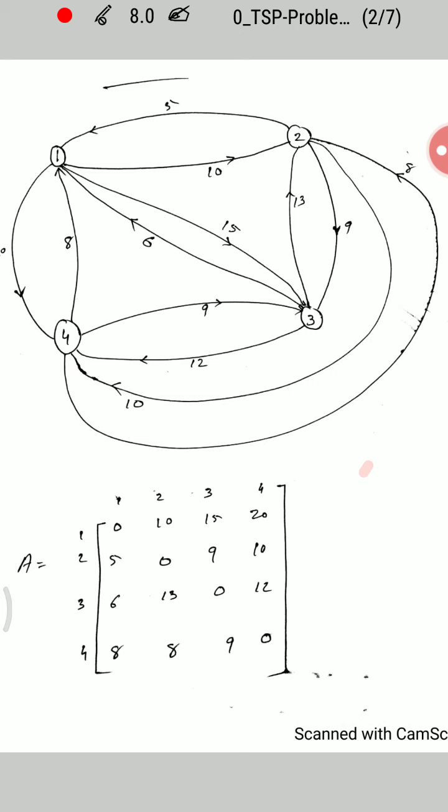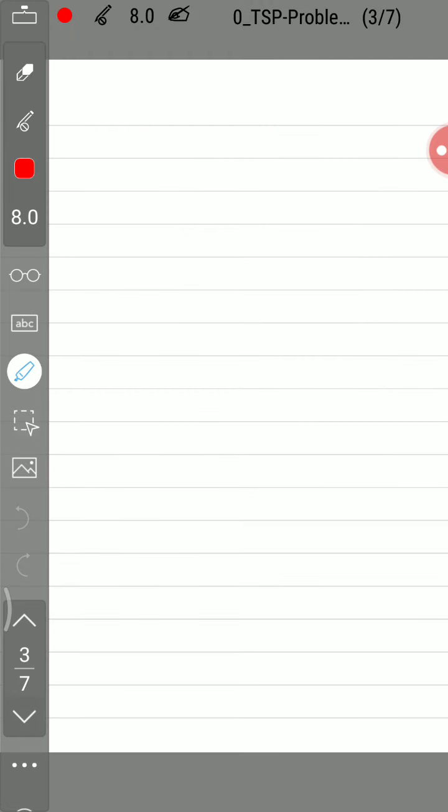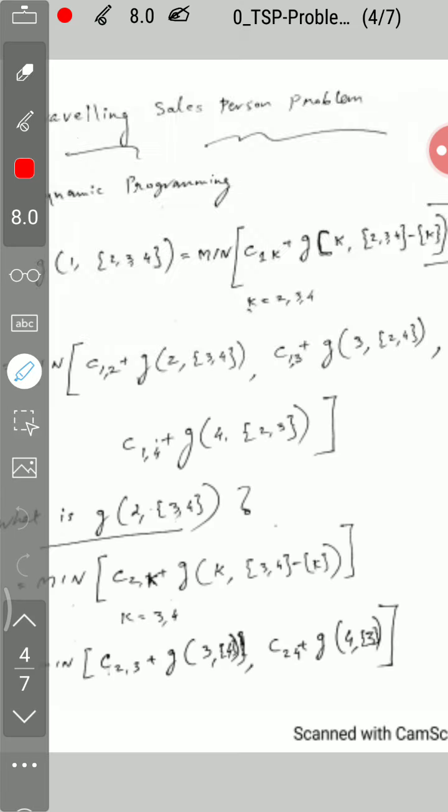Okay, we are trying to solve this problem using the dynamic programming methodology. We are deducing a formula for this.